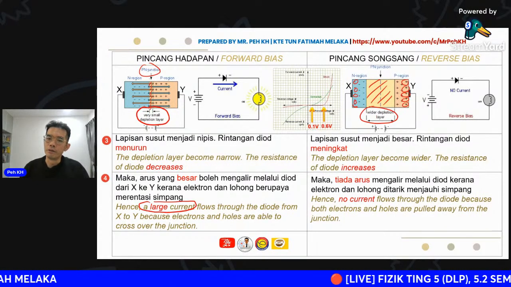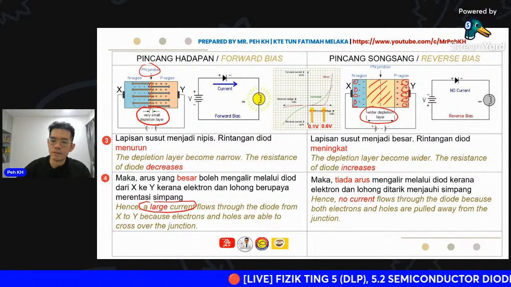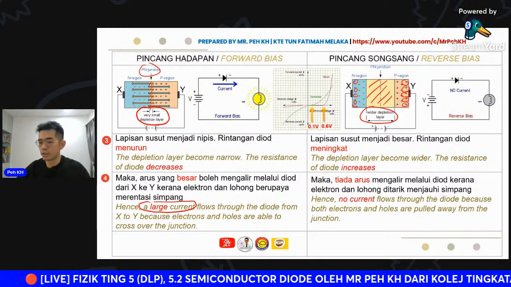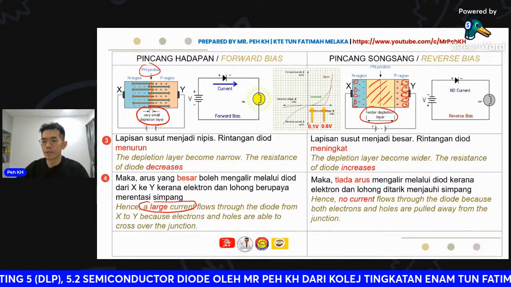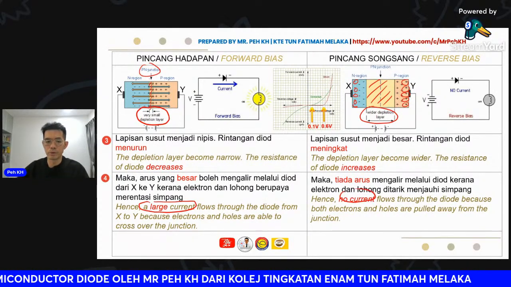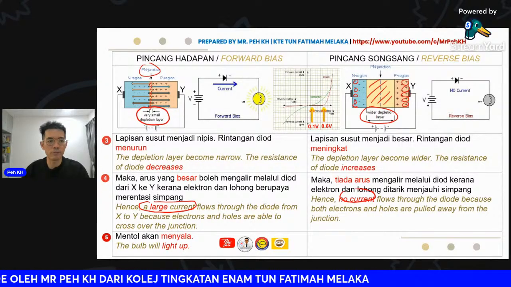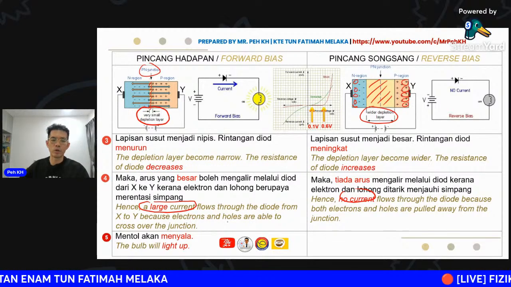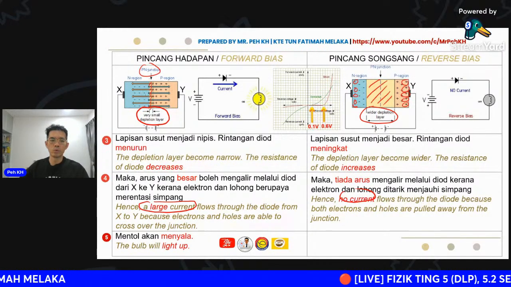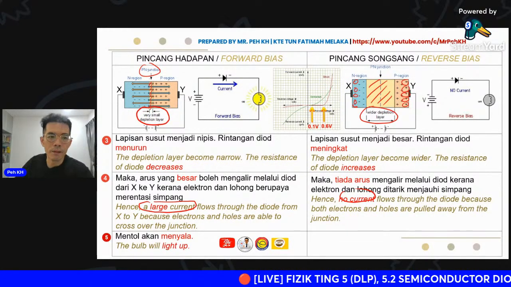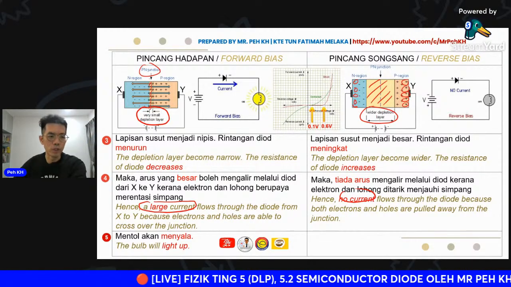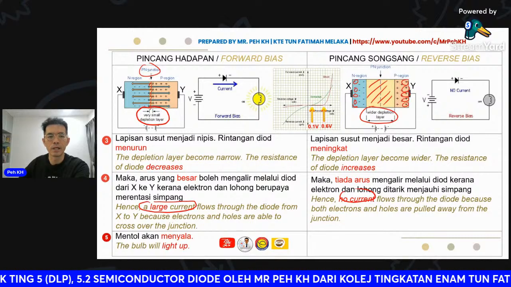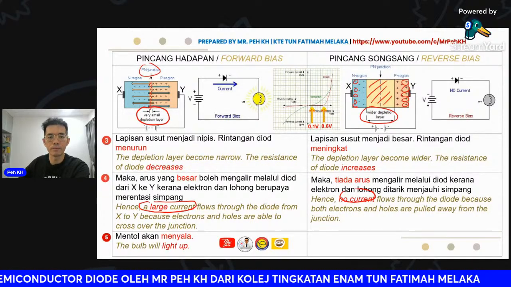While for the reverse bias, because the carriers are not able to cross the junction, no current will be produced. So here for the forward bias, since there is a movement of electrons or holes to the other side, crossing over the junction, the movement of the carriers causes the current to flow and the bulb will light up.